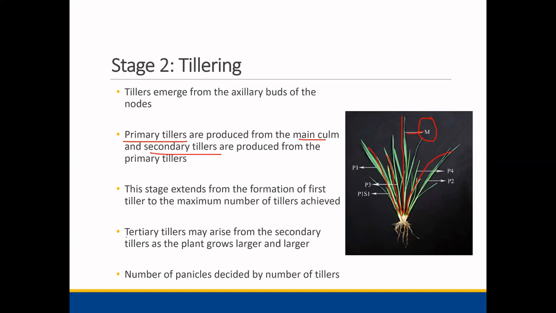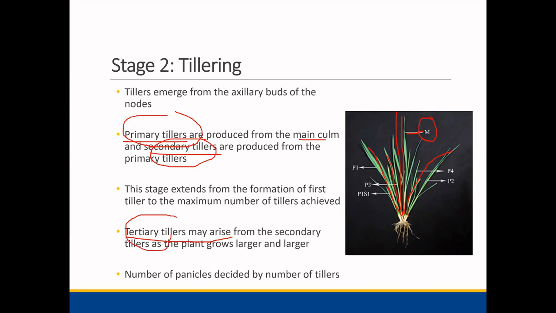Tertiary tillers may also arise from the secondary tillers. So you should know how this order happens: from the main stem or main culm, the primary tillers develop, then from the primary tillers, secondary tillers develop, and from the secondary tillers, tertiary tillers.